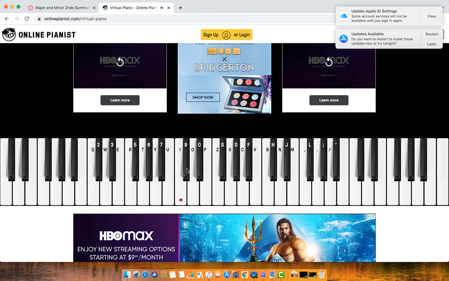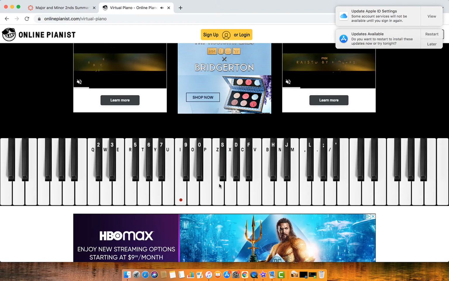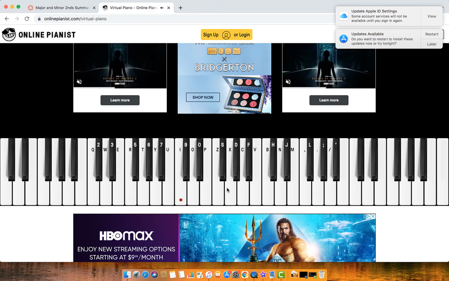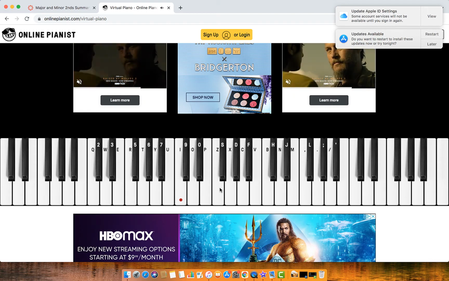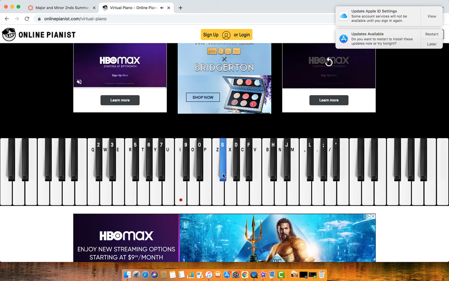Let's do another one. What's a major second above F? Major second is a whole step. So a major second above F is G. What's a minor second above F? A minor second above F is G flat.